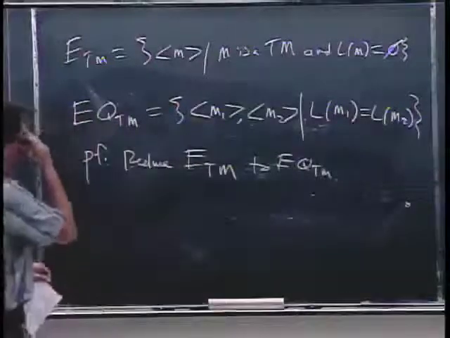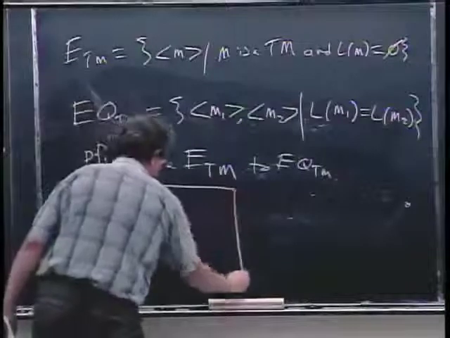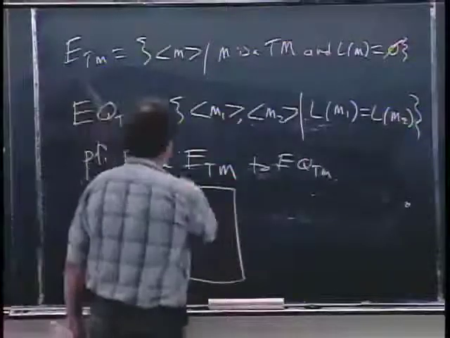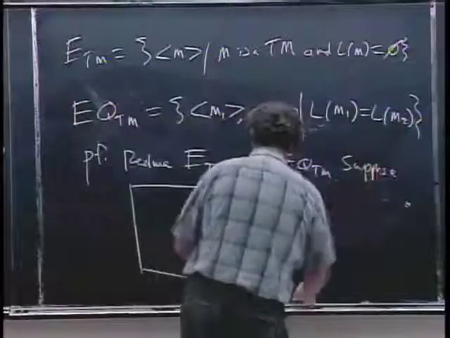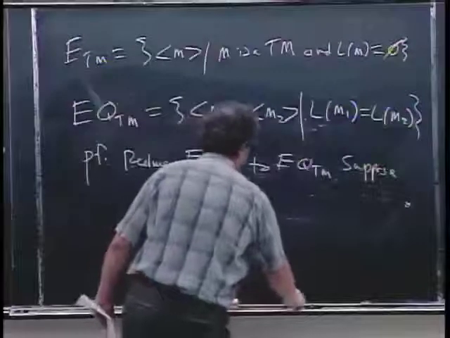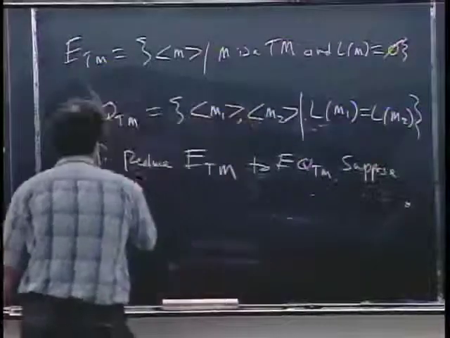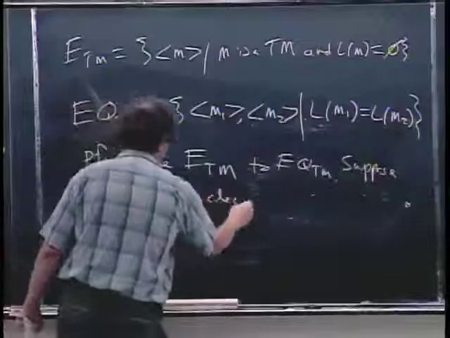Okay, so again, let's build our boxes. We'll start with our box. So reduce ETM to, okay, so suppose, I guess I'm not quite ready for the box. Suppose EQTM is decidable.